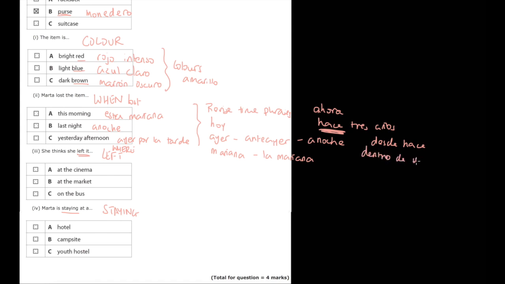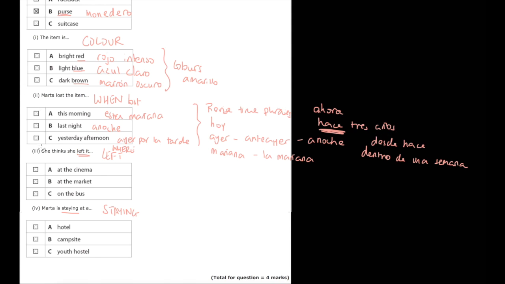So for example, dentro de una semana, in a week's time. Literally it means within one week, but it's in a week's time. So do revise all these time expressions. Of course, you wouldn't need them for this specific question, but while you're doing revision, do revise them.